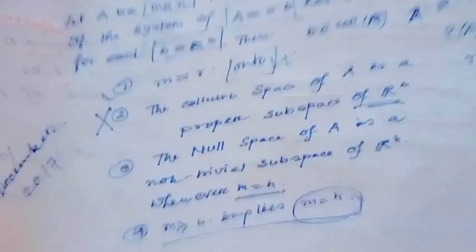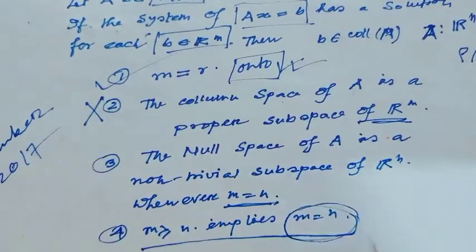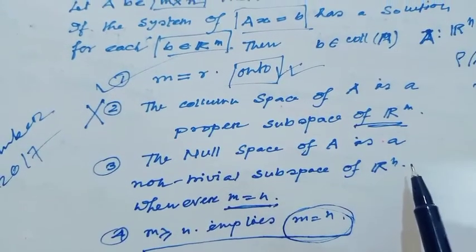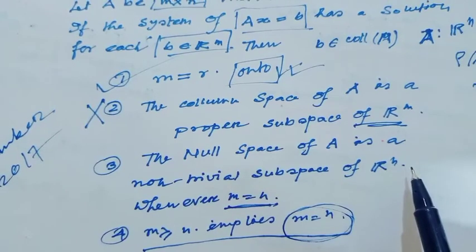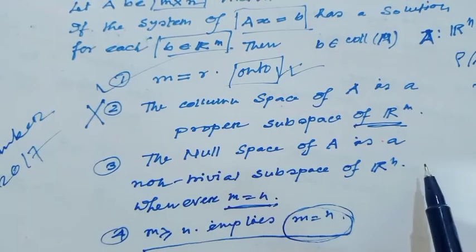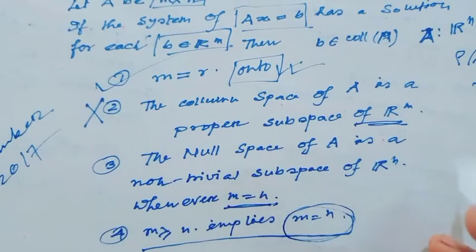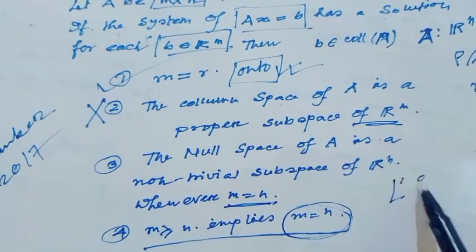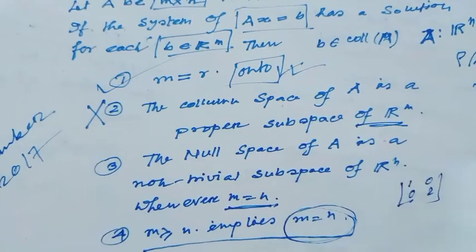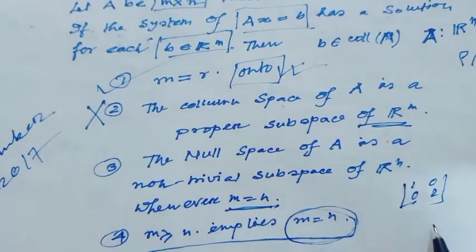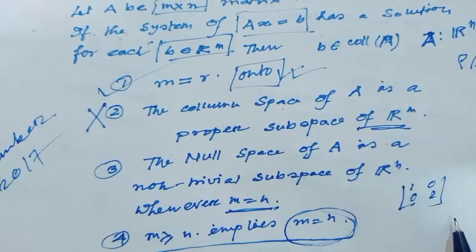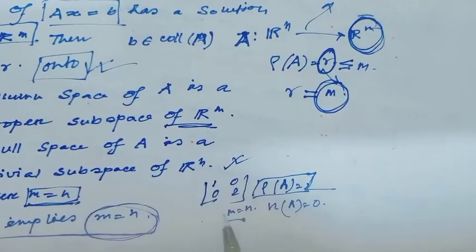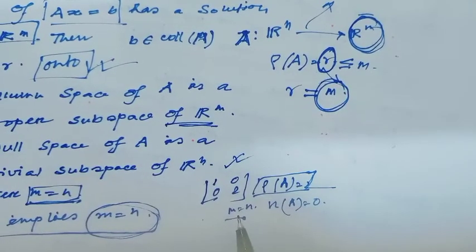Okay. Option 3, the null space of the matrix is a non-trivial subspace of Rn whenever m equal to n. This is also a wrong option. For this, consider this matrix, and notice this is a 2 cross 2 matrix.